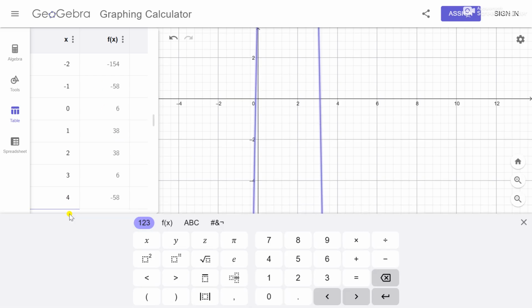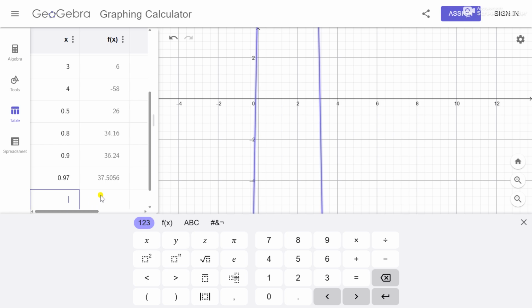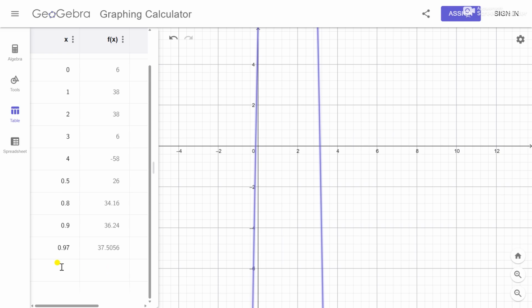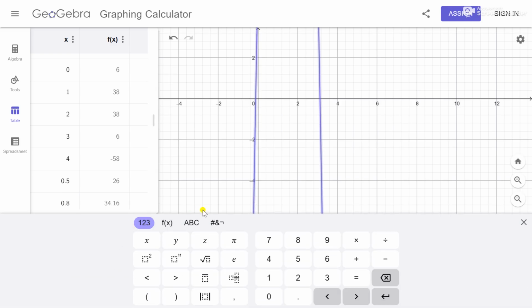Let's try 0.5, 0.8, 0.9, 0.97. Can I put in the y? Will it let me? No. I was hoping it would let me put in the y and figure out that way.